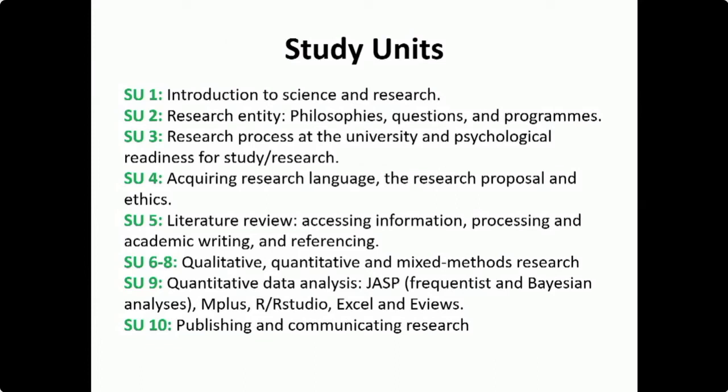And then Study Units 6 to 8 are about qualitative, quantitative, and mixed methods research, a study unit about every one of those types of research. And in Study Unit 9, we focus on 5 statistical packages. And JASP, for instance, includes both frequentist and Bayesian kinds of analyses. So we like that. And it's for free as well.